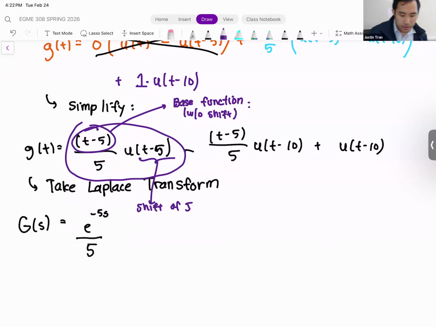So our base function is just t. The Laplace transform of t is 1 over s squared. So the Laplace transform of that first term is e to the minus 5s divided by 5s squared.